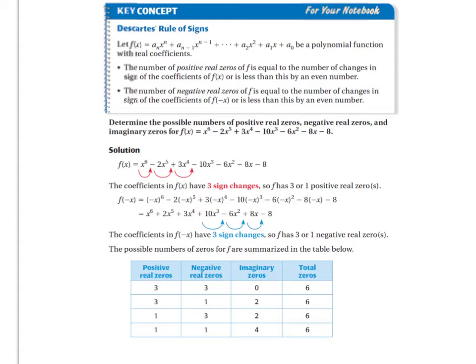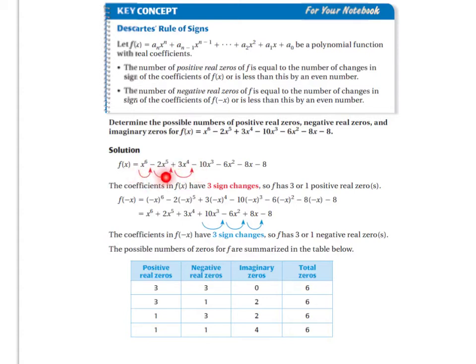So right here, where we have these red arrows, it's going from positive to a negative, and then from a negative to a positive, and then from a positive to a negative. Those are sign changes, and then it just stays negative the rest of the way out. So what we have going on here is basically 3 sign changes: 1, 2, 3.